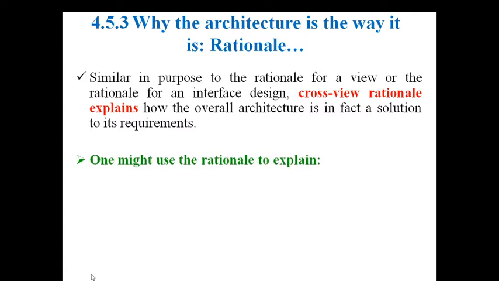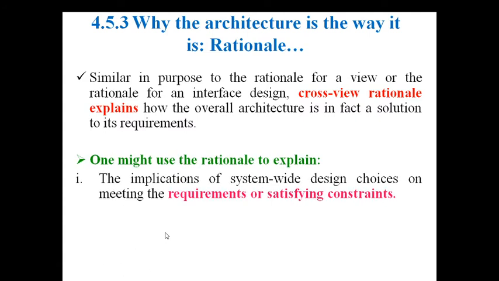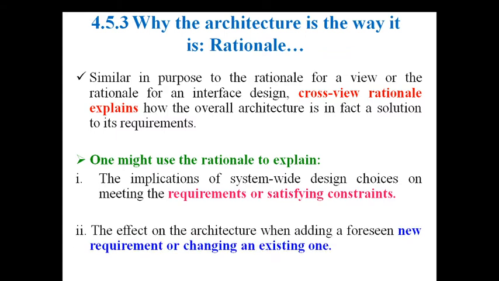Okay, so one might use a rationale to explain what it contains, how it is going to be satisfied. Okay, what are the satisfying constraints? See, if anybody is questioning how it is going to be useful in society, we have to convey to them, yes, these are the basic requirements for society and they are going to pose some constraints for us. So we are going to satisfy those constraints.